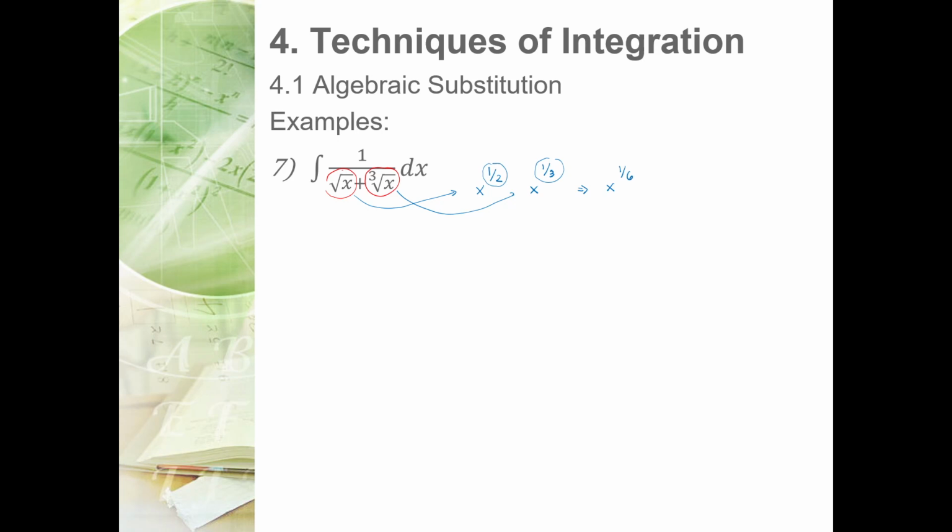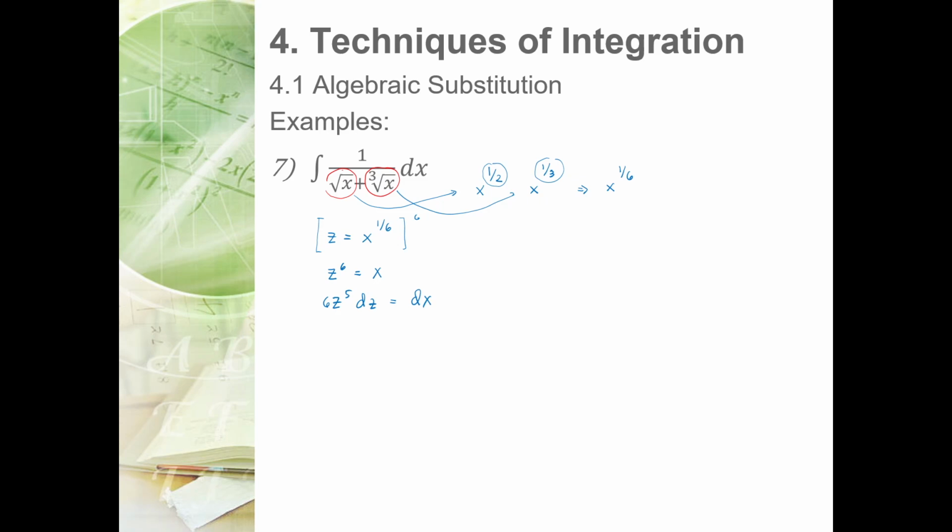So if we declare z as x to the power of 1/6, then raise both sides to the 6th power. This becomes z to the power of 6 equals x, and then dx equals 6z to the power of 5 dz.